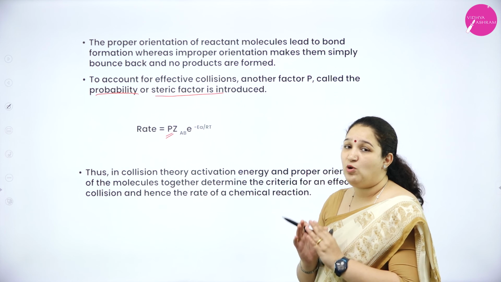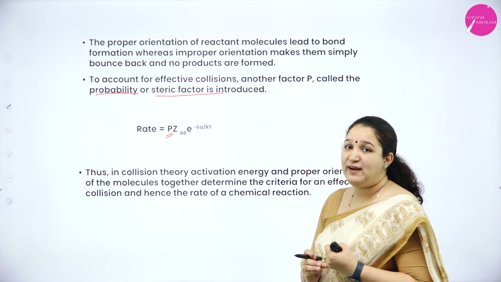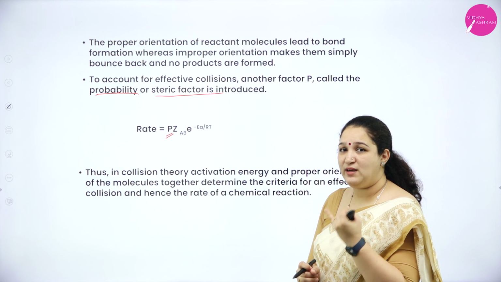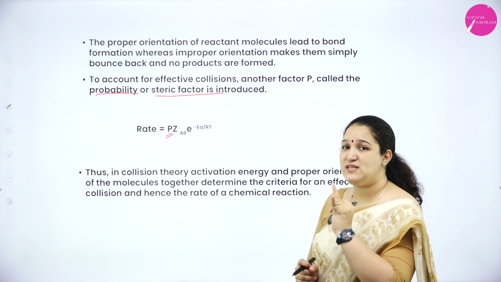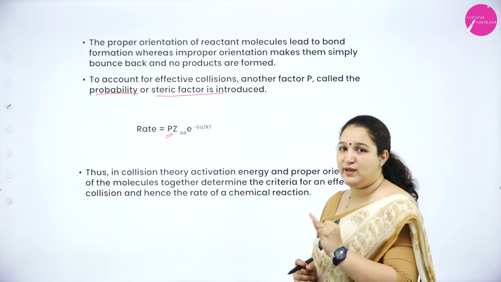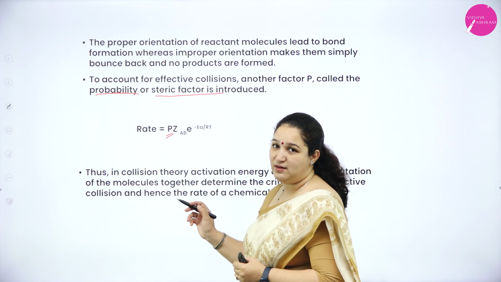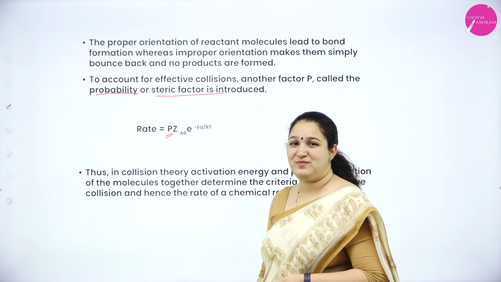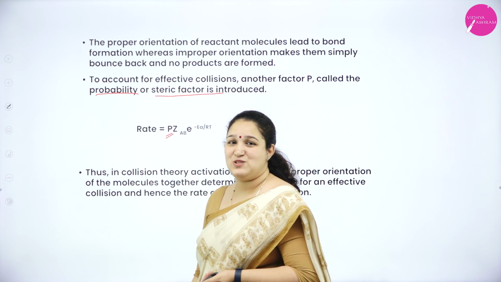Only then, if they collide, will they form products. Or for effective collision, we require the reactant molecules to have activation energy as well as collide in proper orientation. So both the factors are included here, as you can see. I hope you have understood collision theory as well.